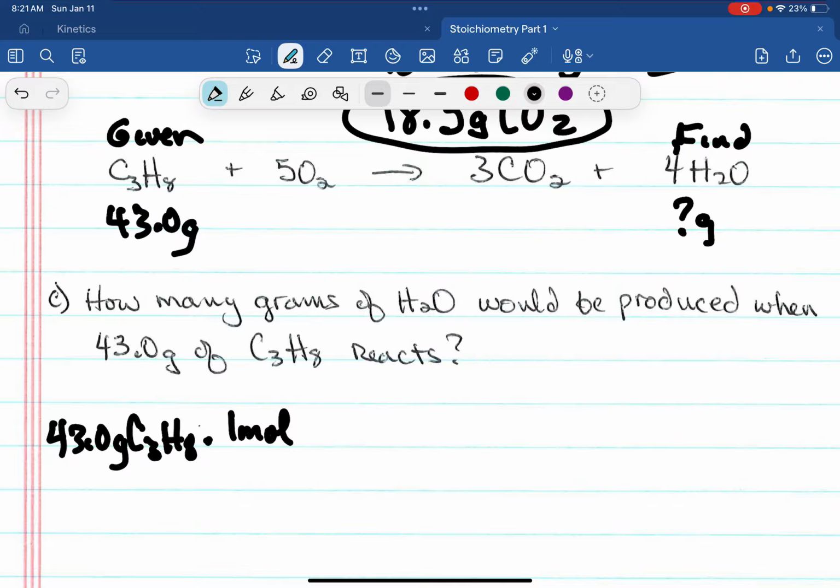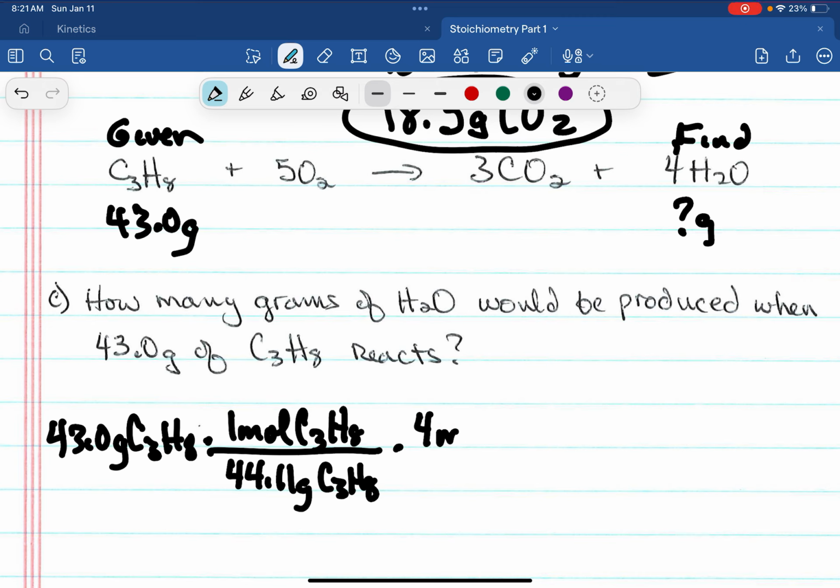One mole C3H8 over the molar mass of C3H8, which is 44.11. And then we're trying to find 4 moles H2O over 1 mole C3H8.